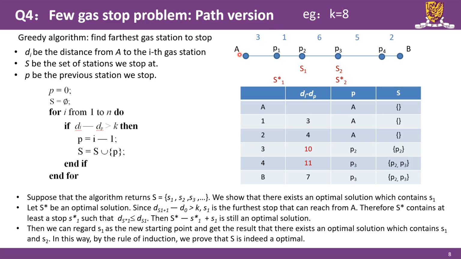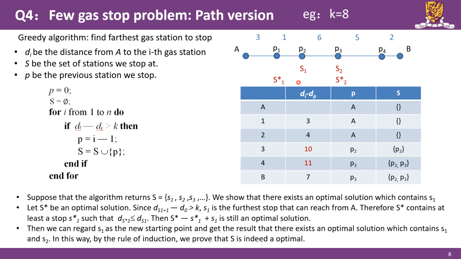More intuitively, we can look at this as an example. You can ignore these two parts, which we will use as proof. First, we start at station A, and then we investigate all these 4 gas stops, including B. First, we initialize S as the empty set.